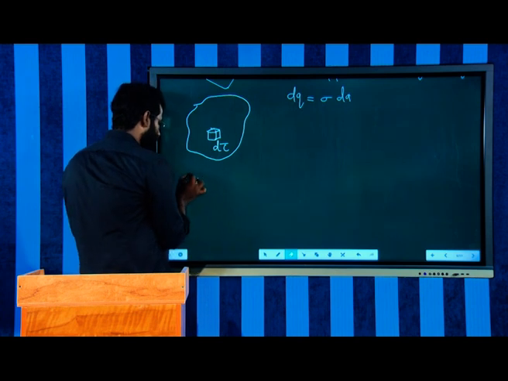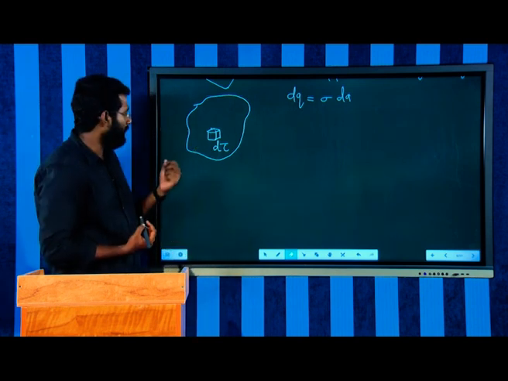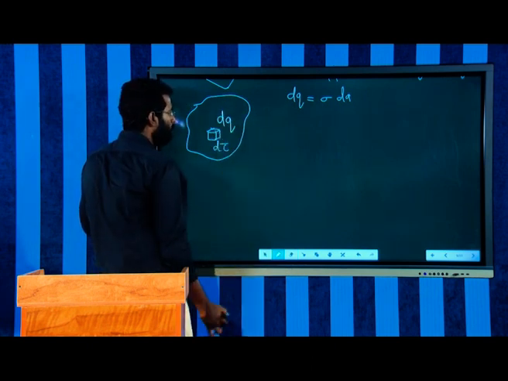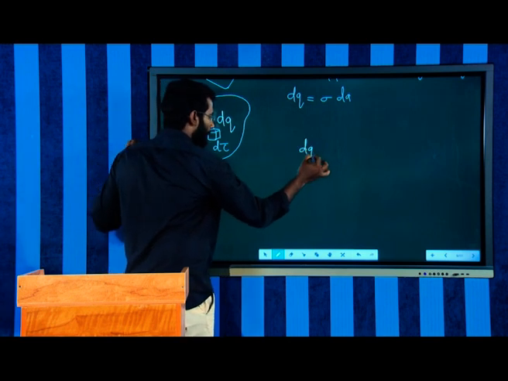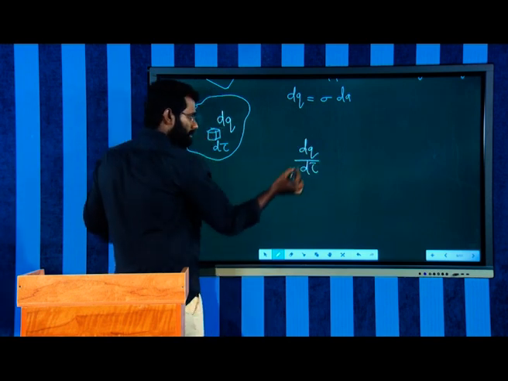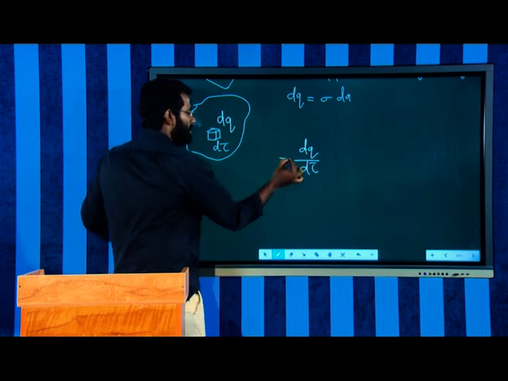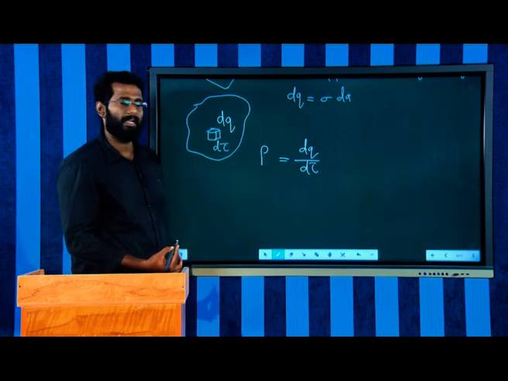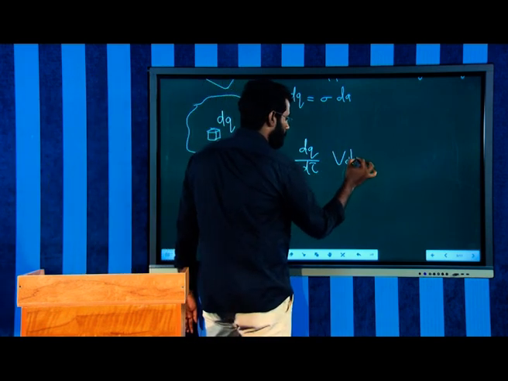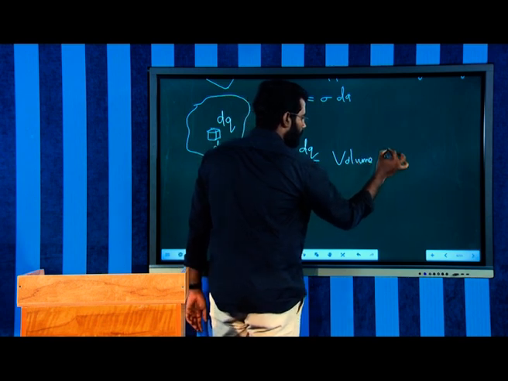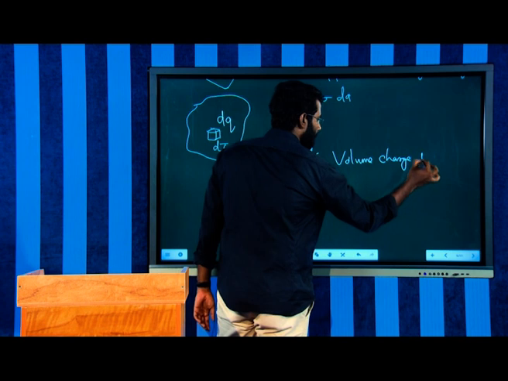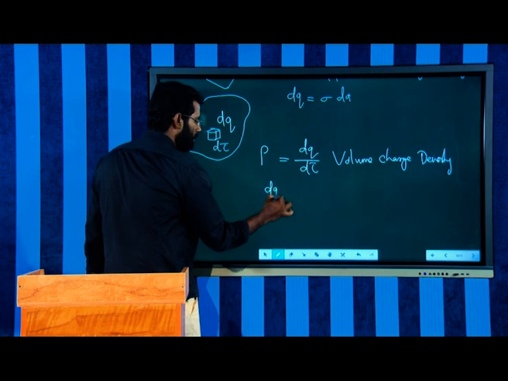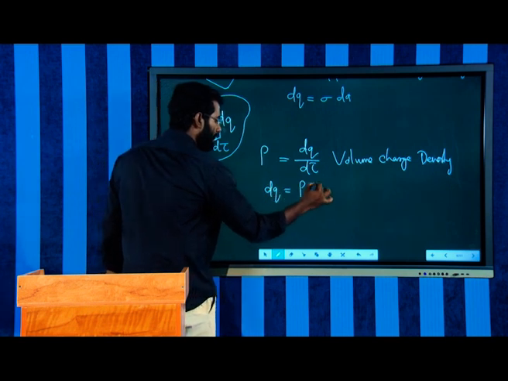So, we are reserving it for that, and now d tau is the volume, and again, same as before, there is a charge dq, and dq by d tau is charge per volume, which is defined as a simple rho, and this is called volume charge density. And here we can use dq is equal to rho d tau.